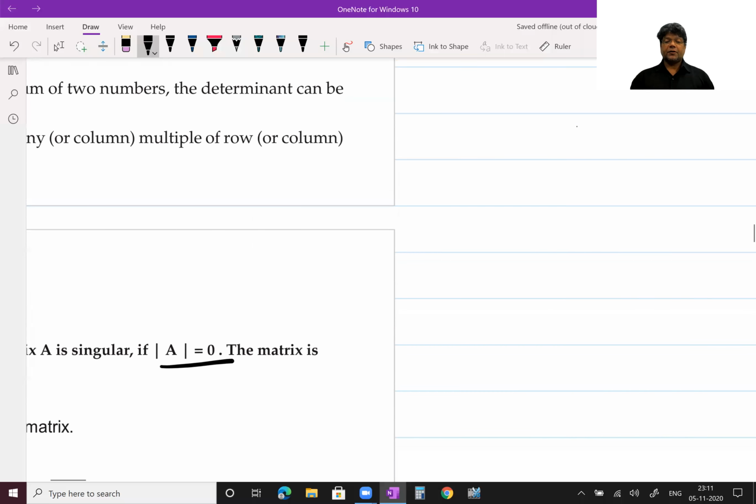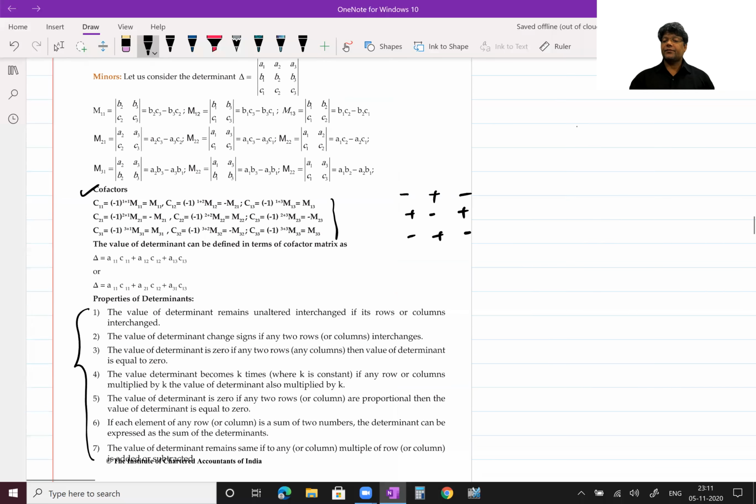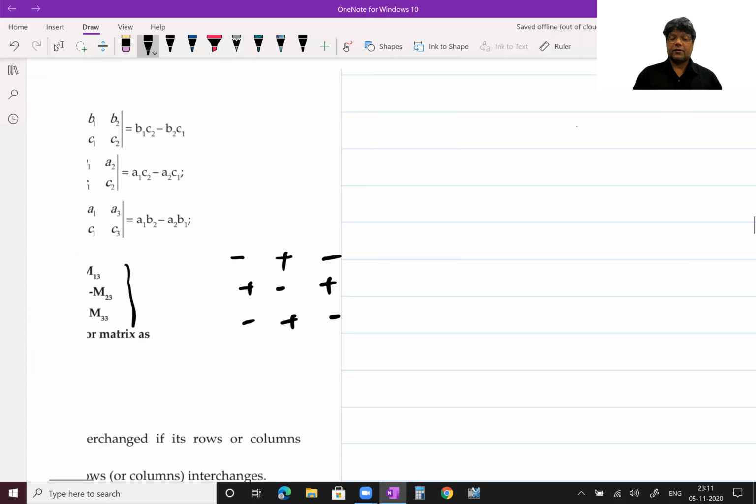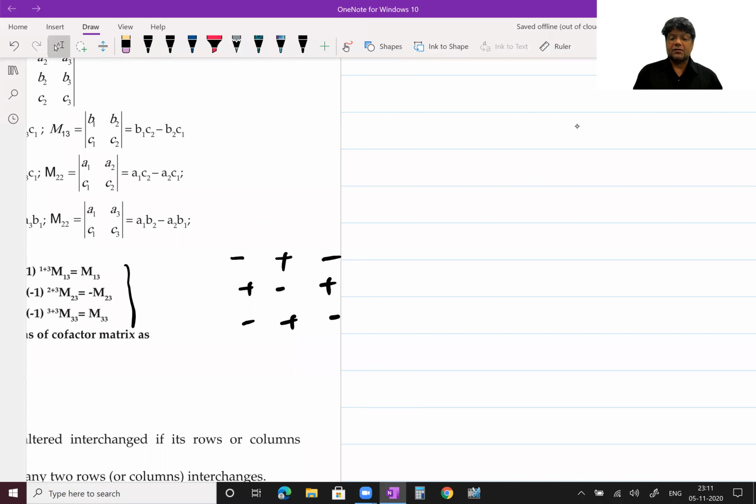Now, adjoint or adjugate. Guys, it will start with the plus, not with the minus. This sign: plus minus plus minus plus minus plus minus plus.